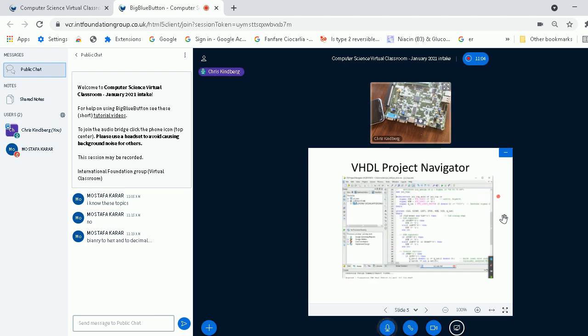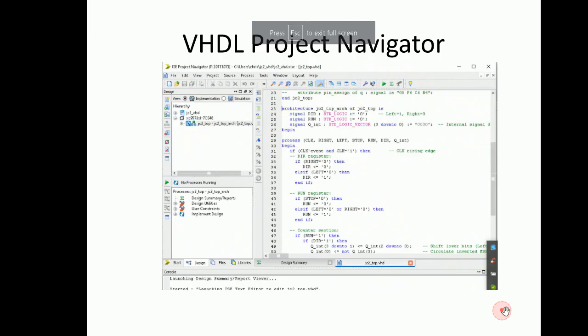And here I'm just showing you what the development system looks like. And what I have here is a VHDL program. So I'm representing Boolean logic and gates using this language. It's called VHDL.